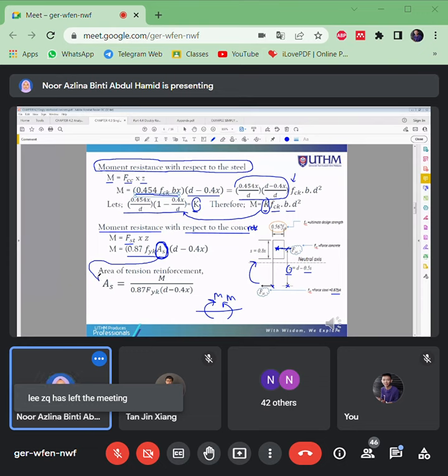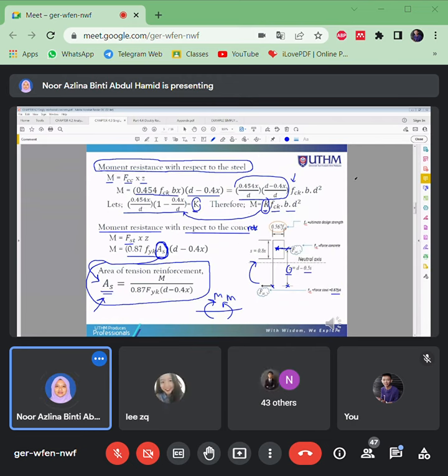Once you make it the unknown, you can calculate AS, the area of tension reinforcement, which is equal to M, the moment, divided by 0.87 FYK Z. That means this is the area of reinforcement that you need to provide to the concrete according to the moments, according to the loads applied on the beams.